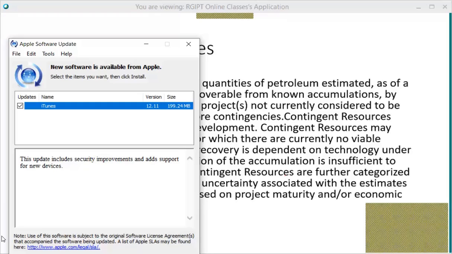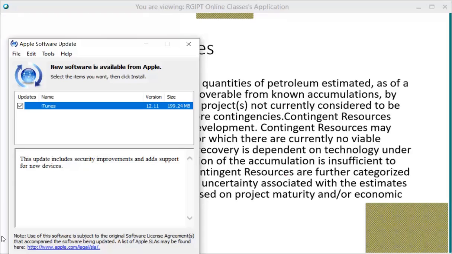Contingent resources have an associated chance of development. Contingent resources may include, for example, projects for which there are currently no viable markets. Just say you have some gas discovery and you do not have a market. Contingent upon what?